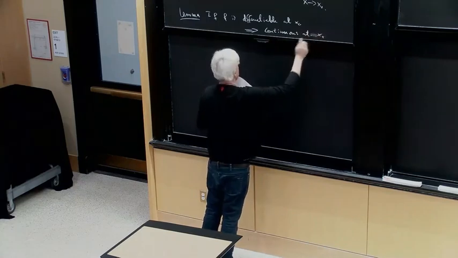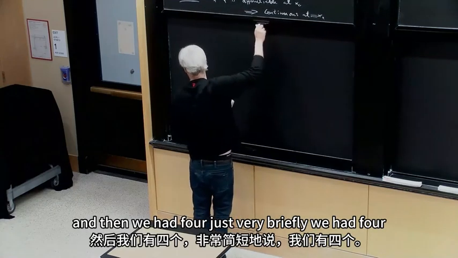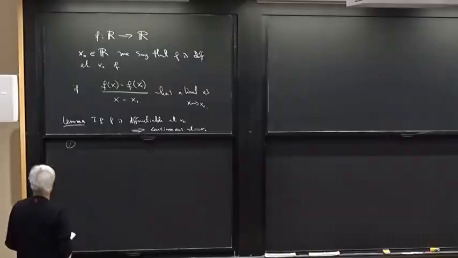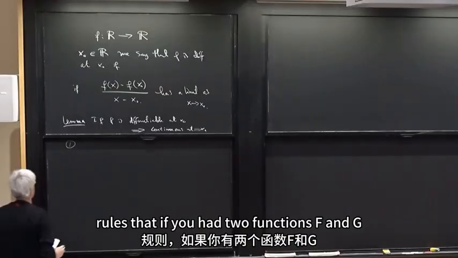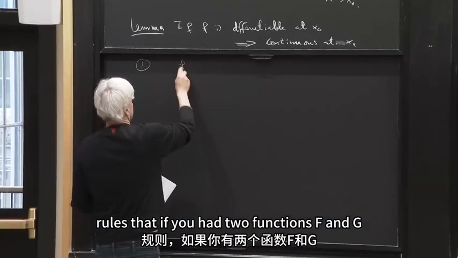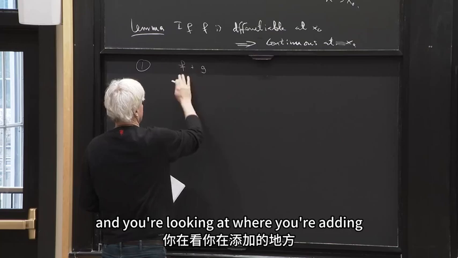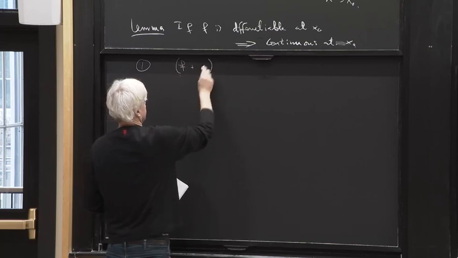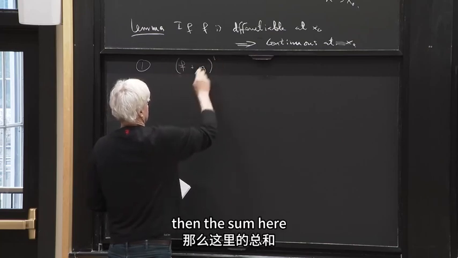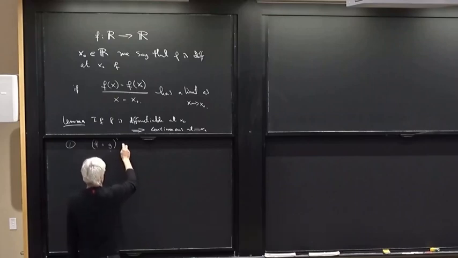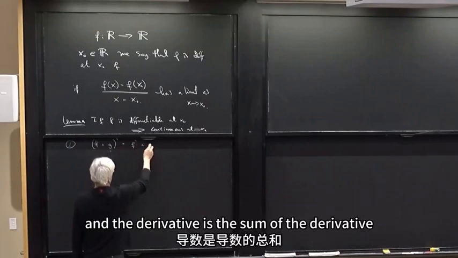Right. And then we had four, just very briefly, we had four rules that if you had two functions, f and g, and they're both differentiable, and you add the two functions, then the sum is also differentiable, and the derivative is the sum of the derivatives.